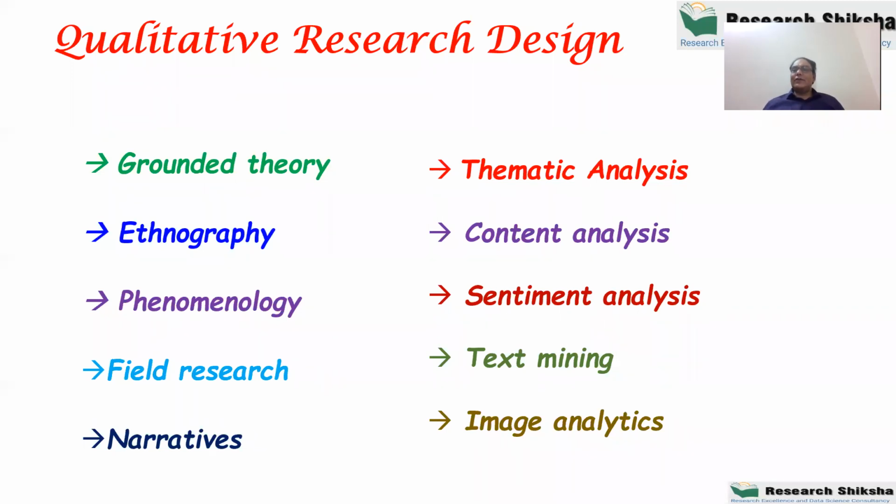Content analysis means when you identify the contents, like in a movie we have emotional content, songs are a content, and fighting is a content. All these are contents. When we do the content analysis of qualitative or unstructured data, this is called content analysis. And after that we have sentiment analysis.